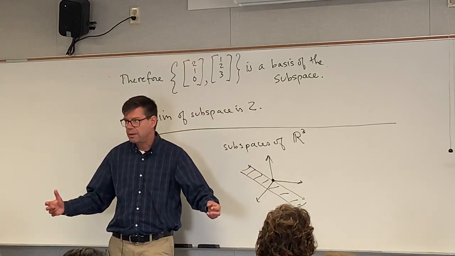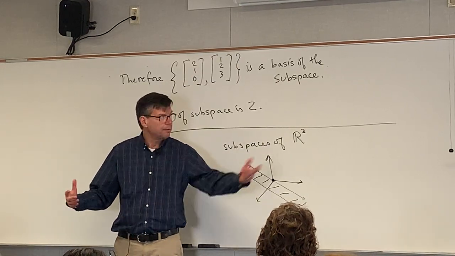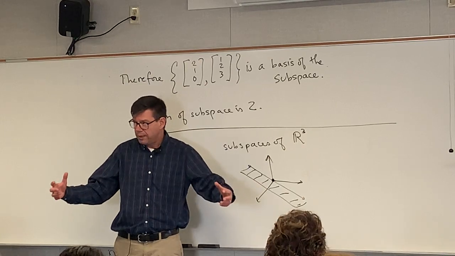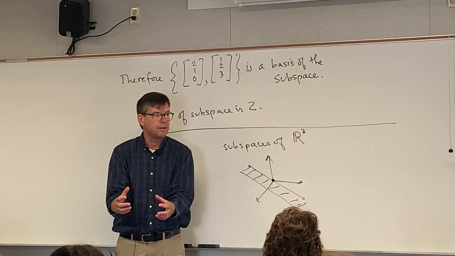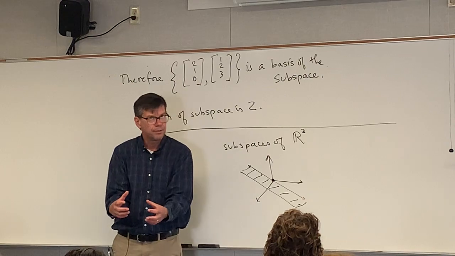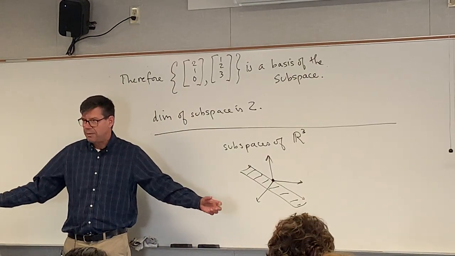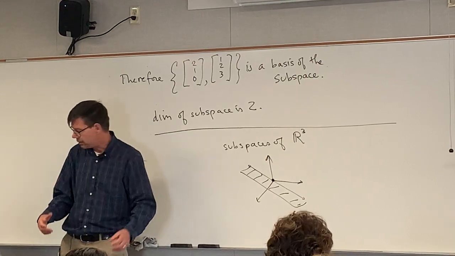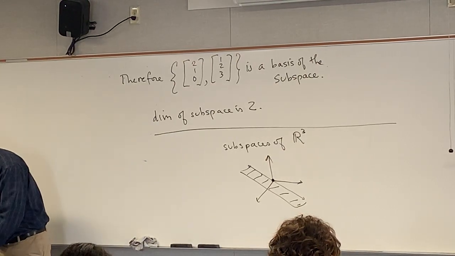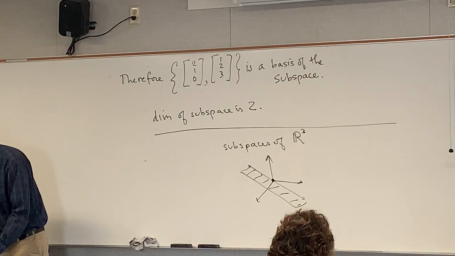If we start out with a spanning set, like in the previous problem, we can always reduce that set down to a basis. So there's the idea of expanding an independent set to get a basis, and also the idea of reducing a spanning set to get a basis.